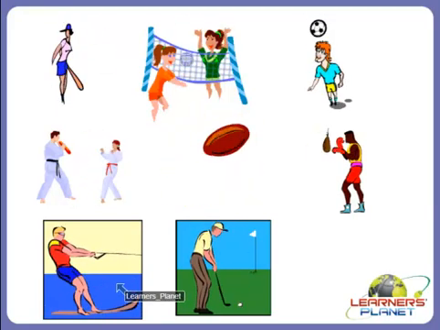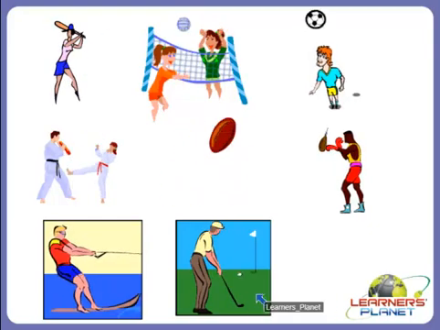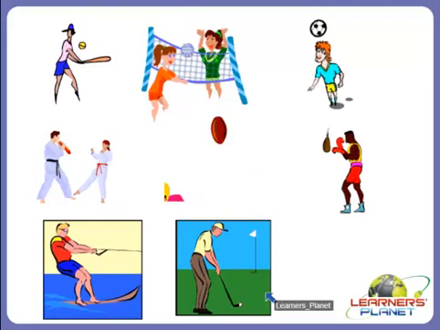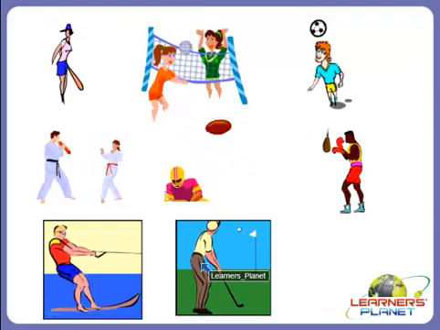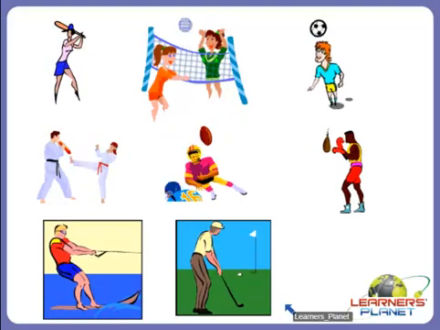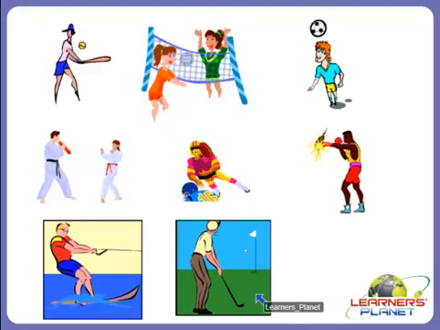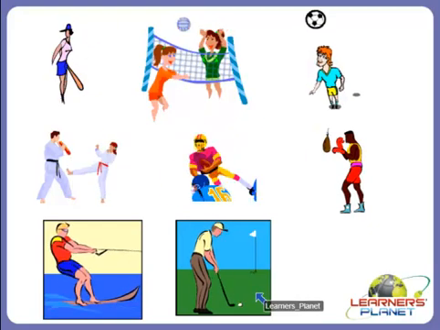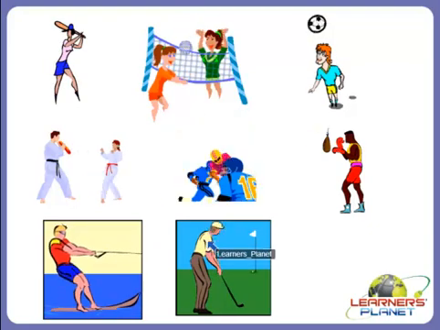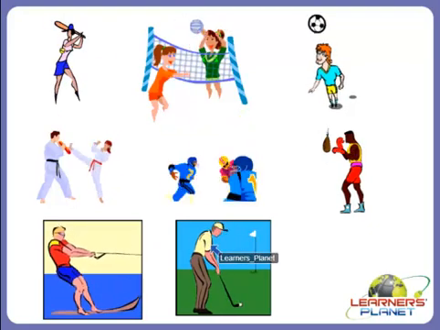And the last example which we will now see is about a boy who is playing golf. So for playing golf he is using his arm muscles and the neck joint.